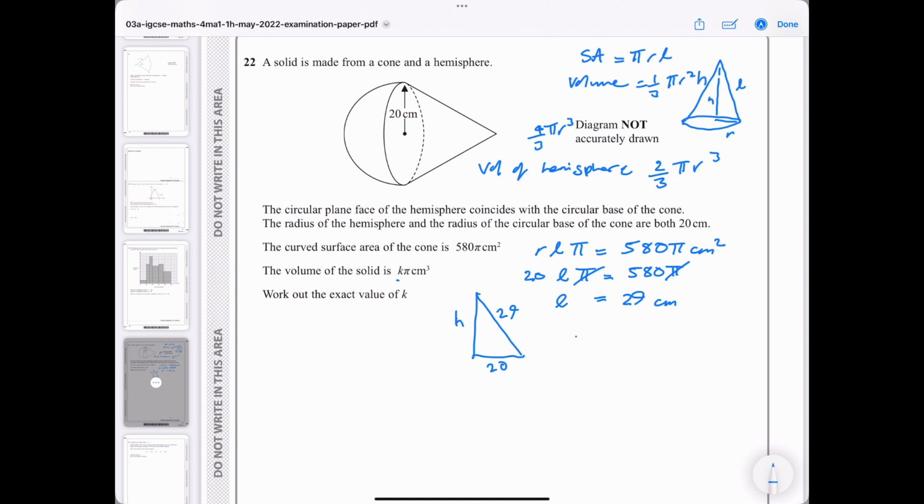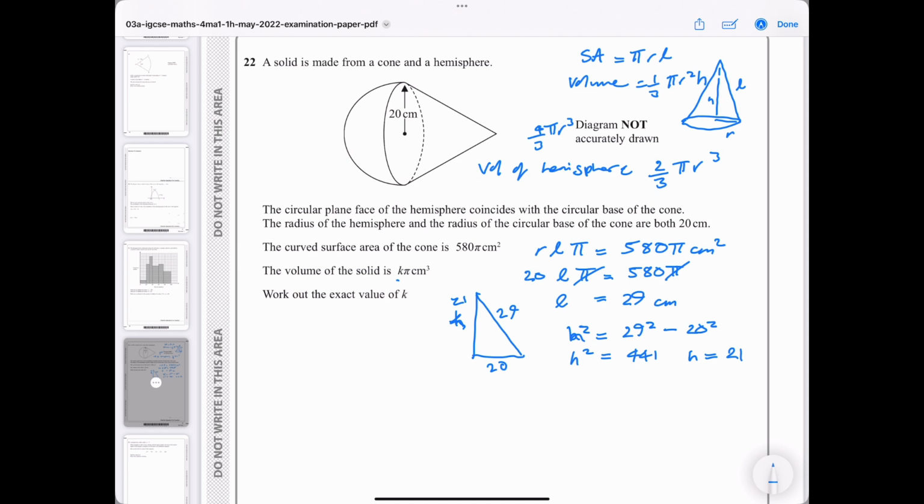So we can say that h squared equals 29 squared minus 20 squared, which equals 441. So h equals 21. Now we know what h is, we know what r is, so we can use that to find out all the information we need.